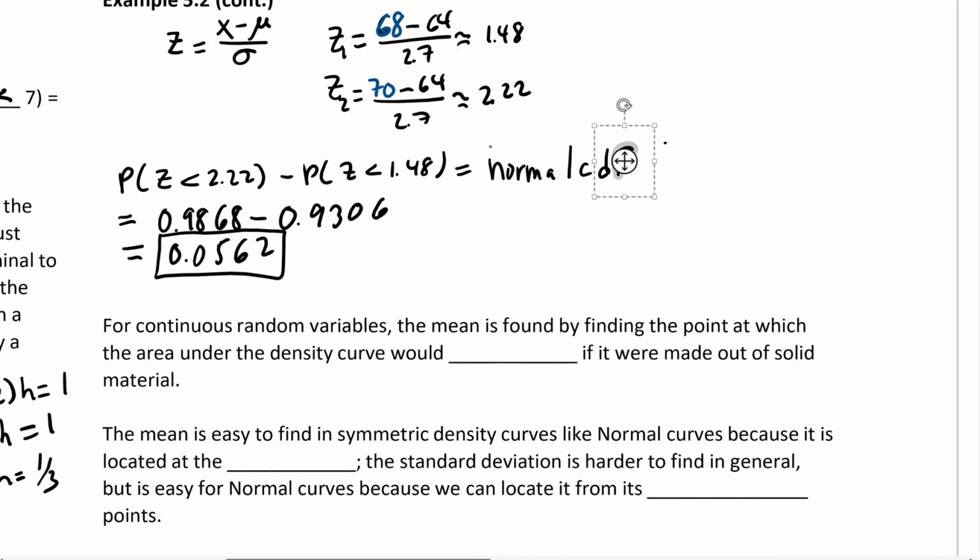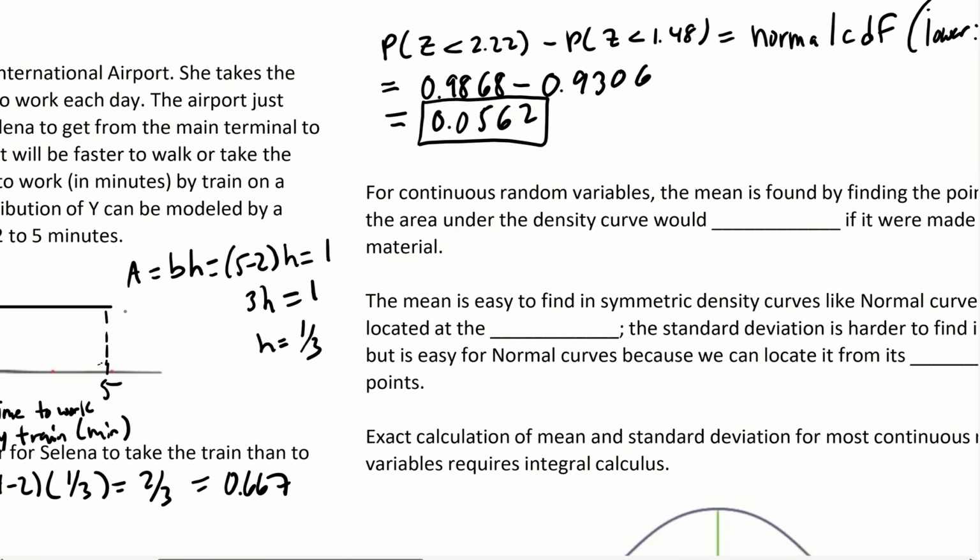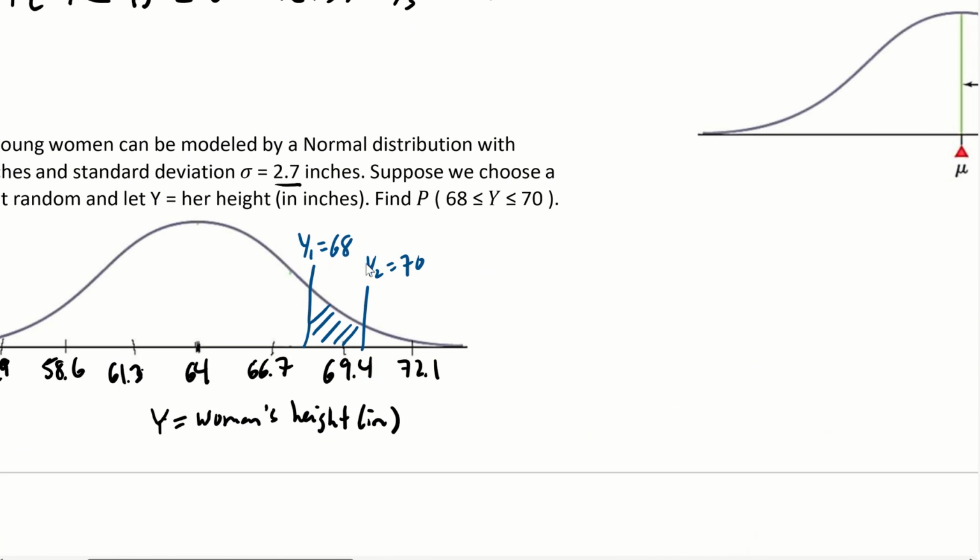We have the lower value. Remember, it's lower, upper, mean, standard deviation. So lower equals, the lower value is 68, the 68 height for the woman. So look at that here. Lower, upper, and then the mean is 64. The standard deviation is 2.7.